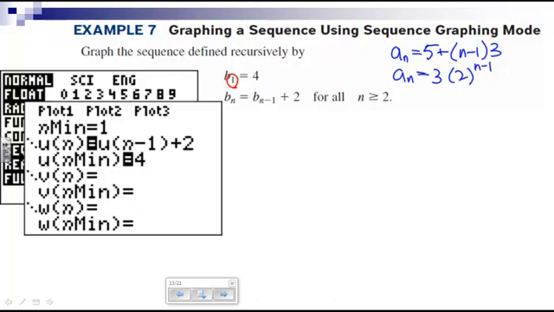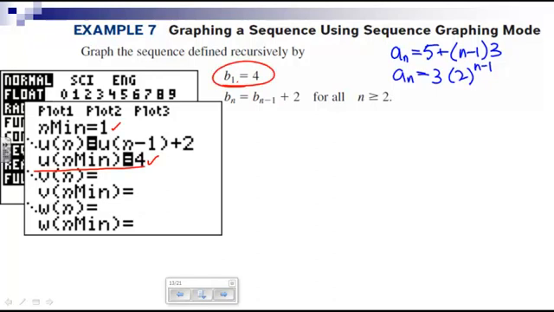And then it says, on this third line, what do you want the sequence to have as its first value? So between the first and the third, we have essentially taken care of that fact.